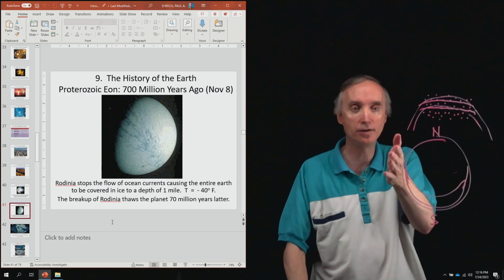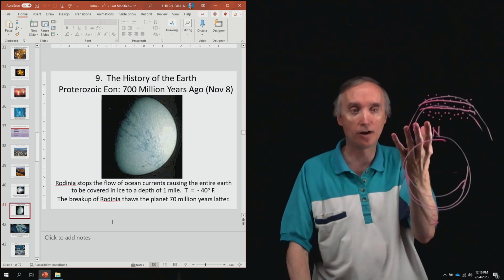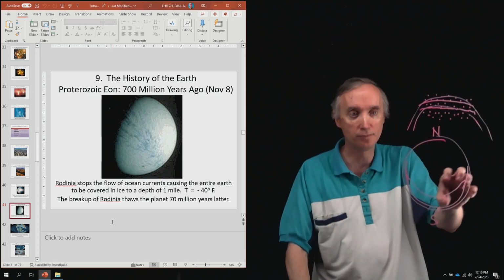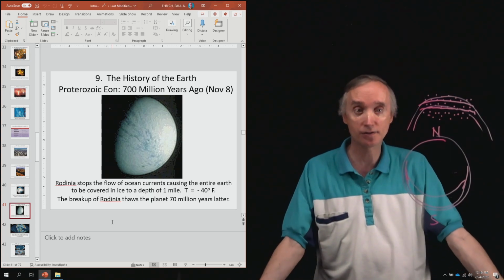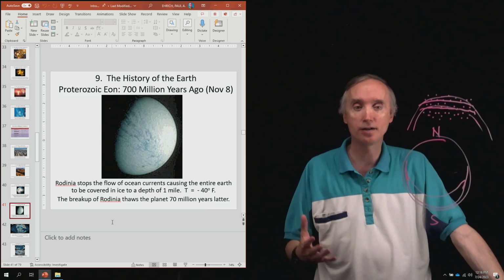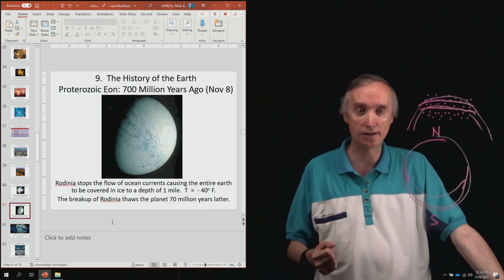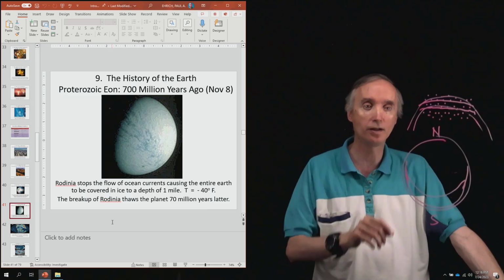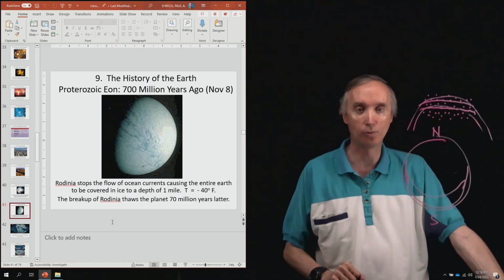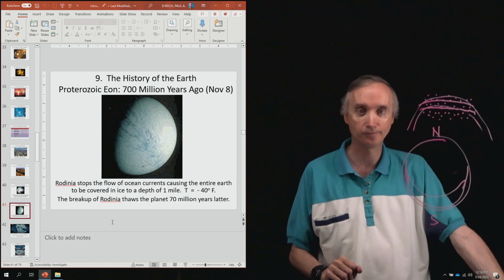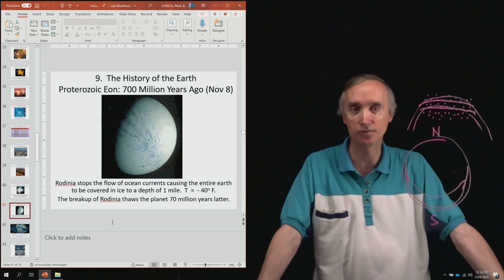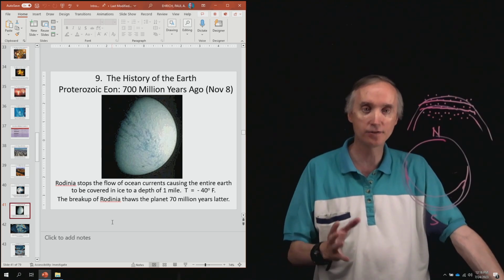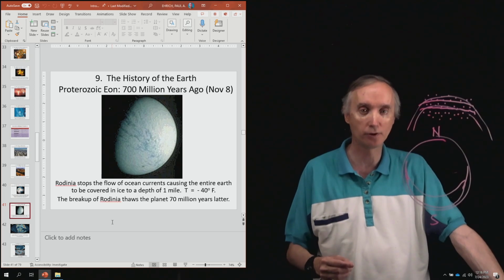These volcanoes erupting gave off a lot of heat. That helped to melt the ice. Volcanoes also give off carbon dioxide, and that carbon dioxide causes greenhouse gases, which help to warm the climate, and eventually it melted away all of this ice. So now we're up to about 700 million years ago. And on our cosmic calendar, we're now on November the 8th.